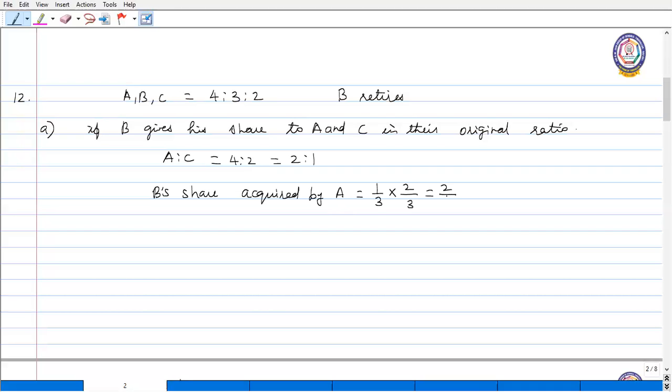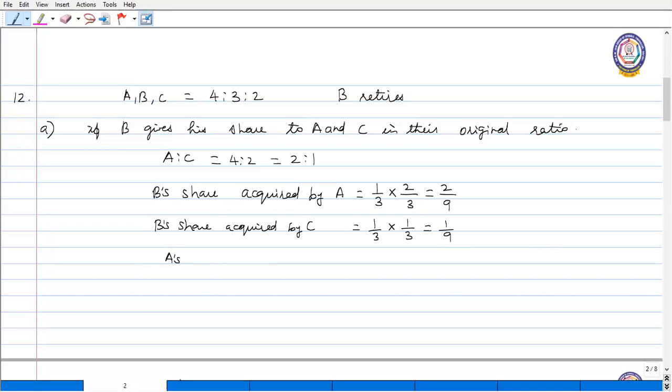So the share acquired by A from B is 2/9. Same way, B's share acquired by C: out of this 1/3, C should get 1/3. So 1/9.